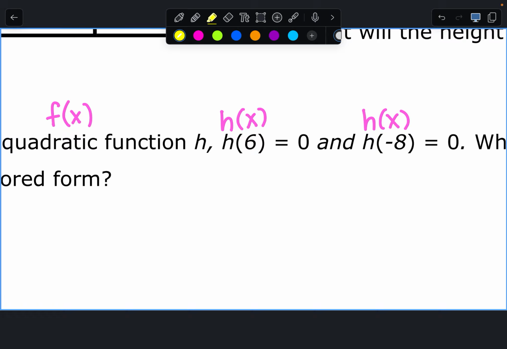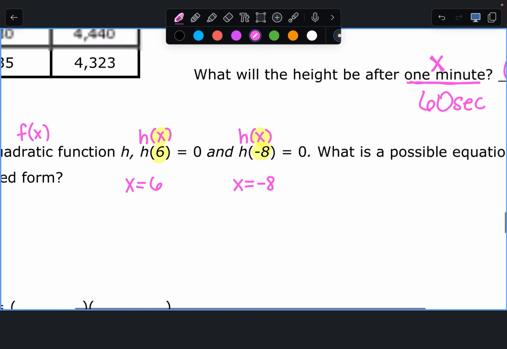Writing this is basically them telling you that your x value is 6 and your x value is -8. So x is 6, x is -8. What do those numbers represent? Your x-intercepts, your zeros, okay? Those are your x-intercepts, your zeros.